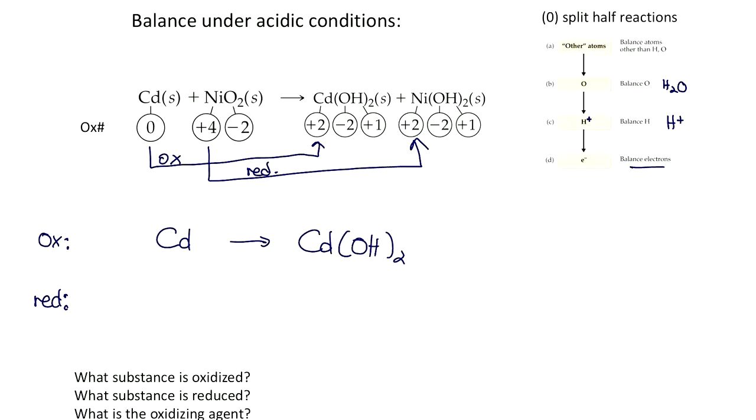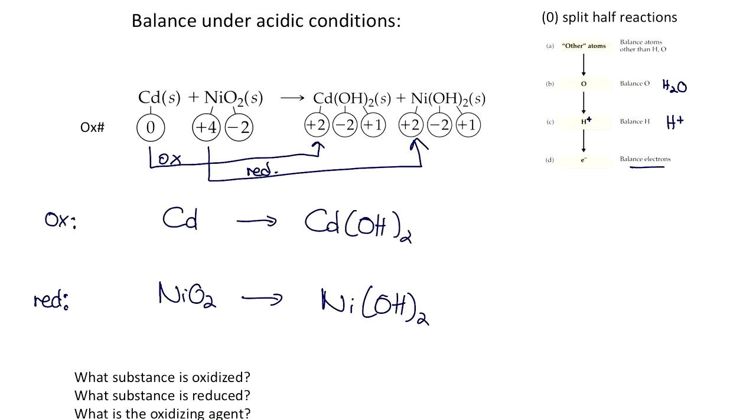Then for the reduction reaction, you're taking nickel oxide and making nickel hydroxide. All right, and so we're going to balance both of these separately and then bring them together at the end. Okay, so we have the half reactions.